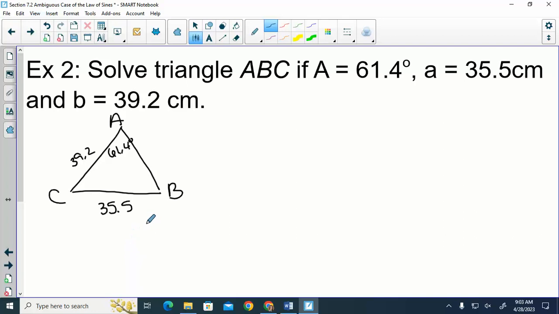So which information do we have to use if we're setting up the law of sines? We have both angle and side for A. And the only other information we have is for B, so we'll have to do B over sine B.